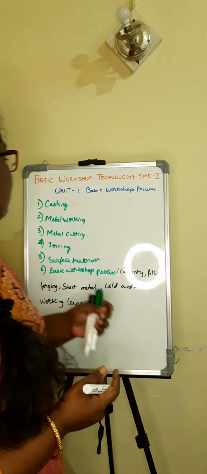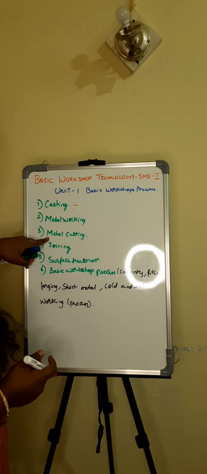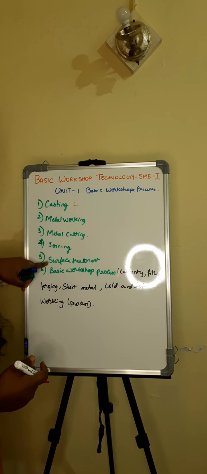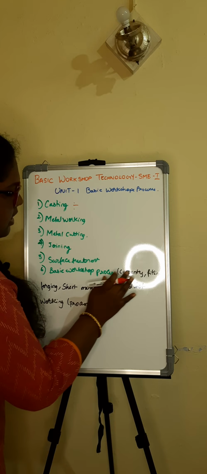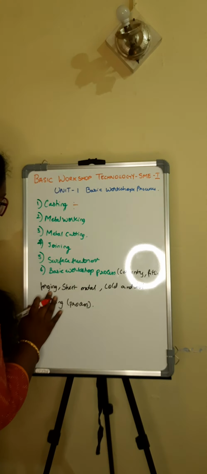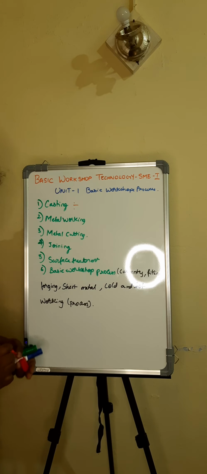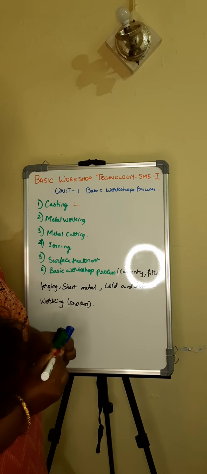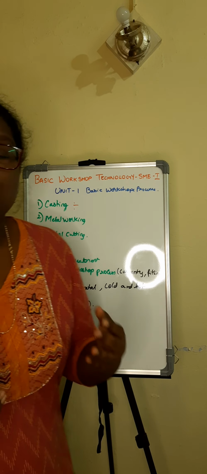So we have casting, metal working, metal cutting, joining and surface treatment, and basic workshop processes like carpentry, fitting, forging, sheet metal, and cold and hot processing. In this we have every type of manufacturing process. If we need any good, take this marker.